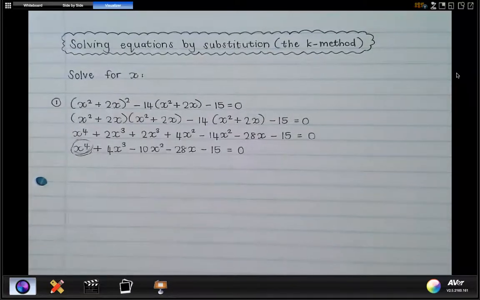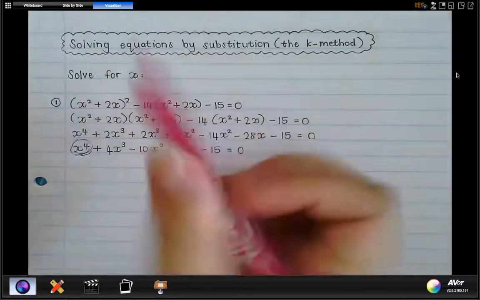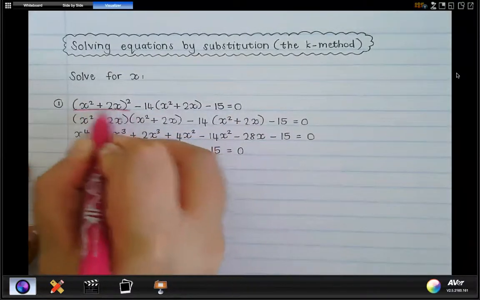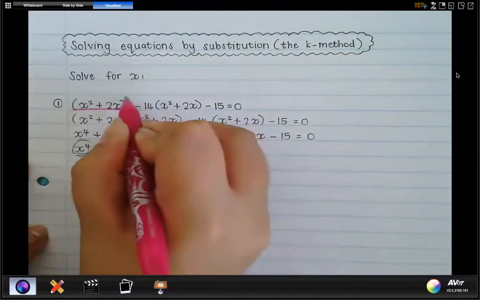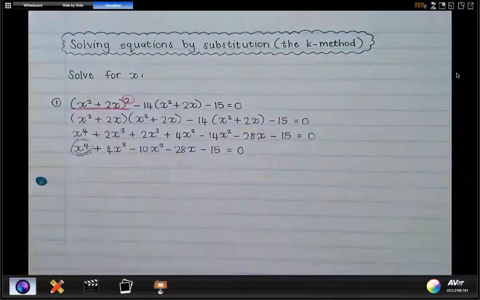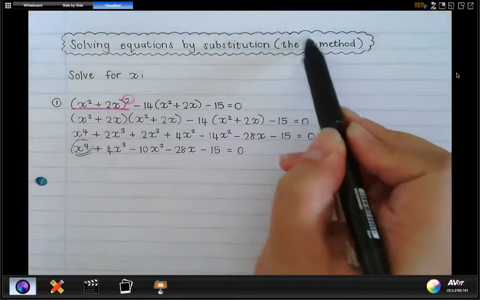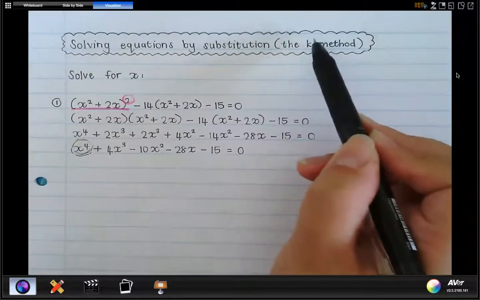So I want you to underline this bracket. The fact that we have an x squared inside the bracket that we are then squaring should tell us that this equation is too complicated to solve in the traditional way. So what we're going to do is introduce a different variable, and we are going to use k.